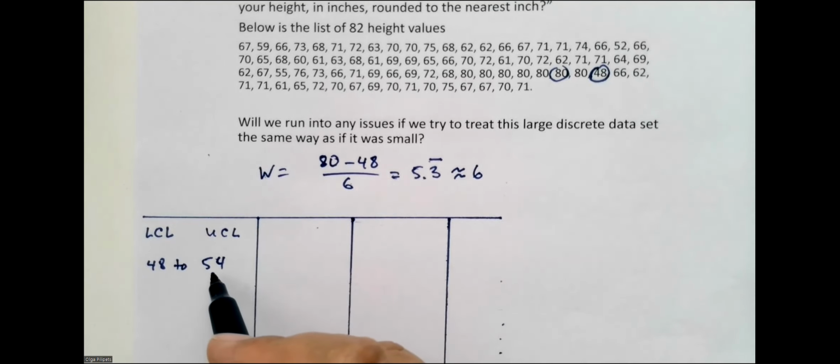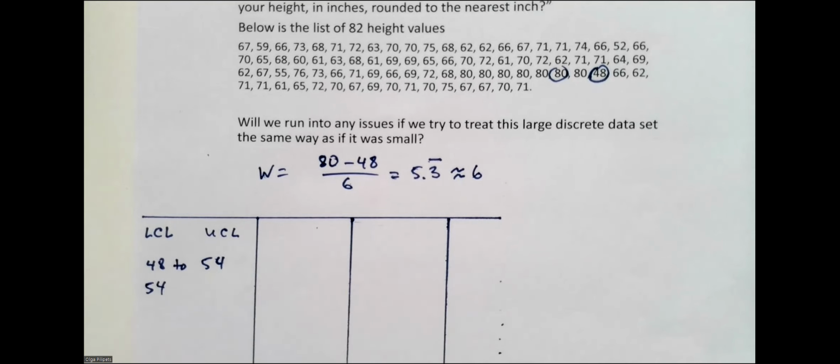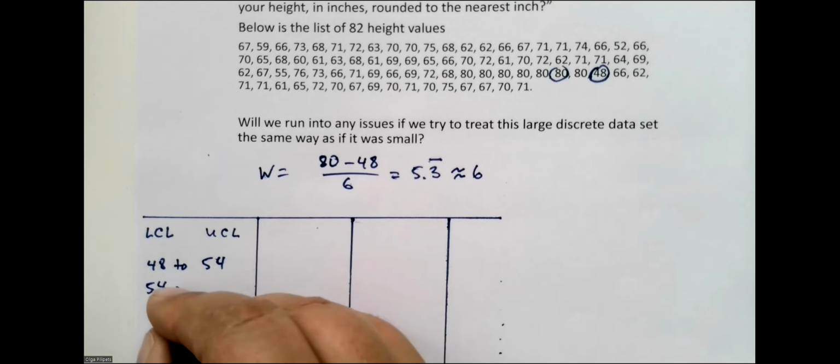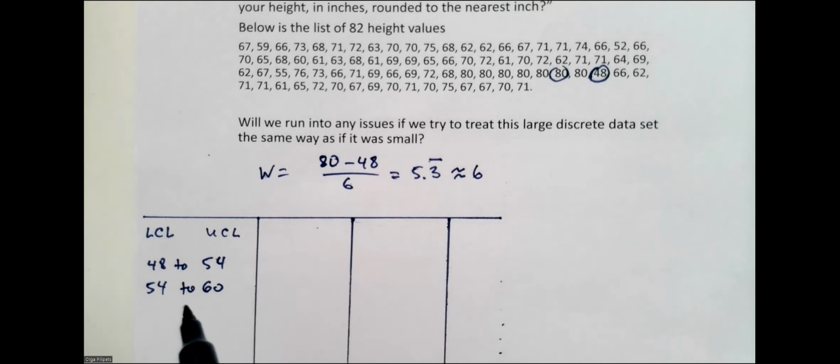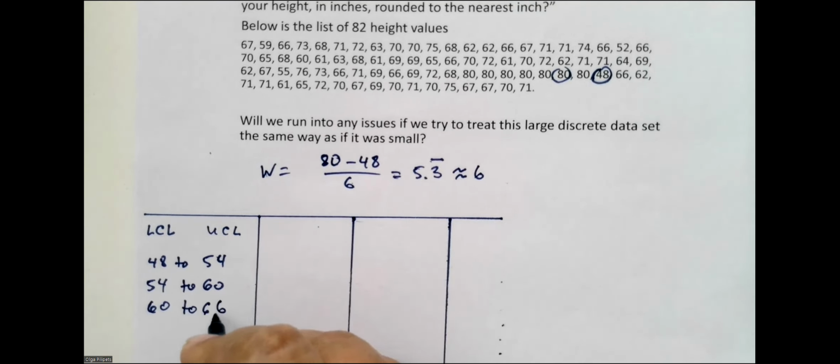Now my next class will start with 54. I'm going to write down 54 and add 6 again. That gives me 60. So my second class will be from 54 to 60. The next one is 60 to 66.